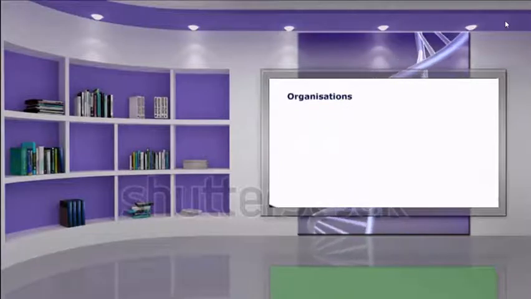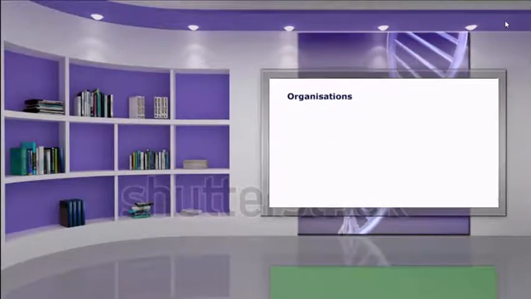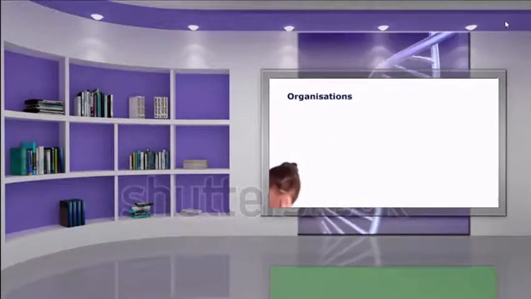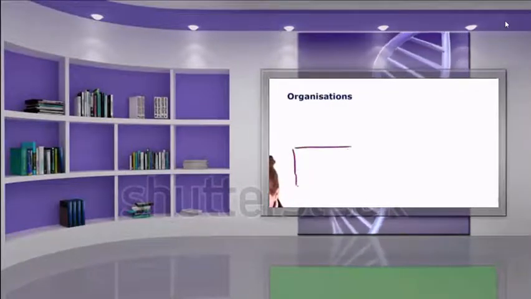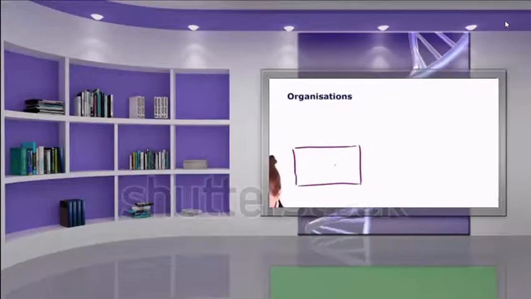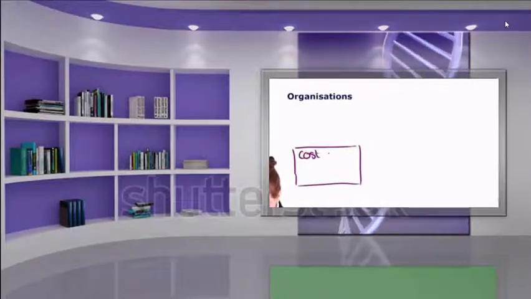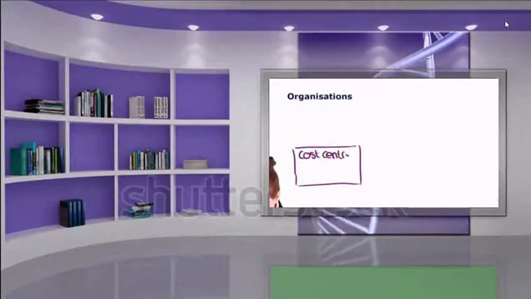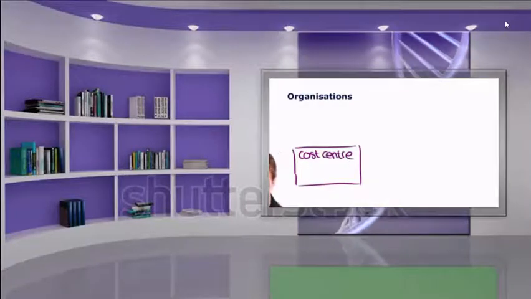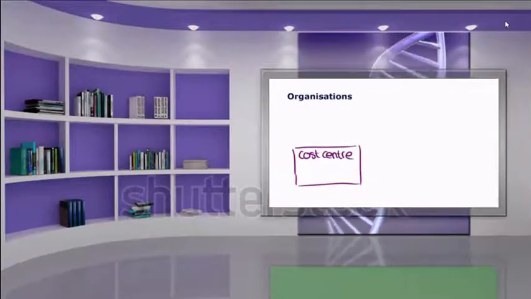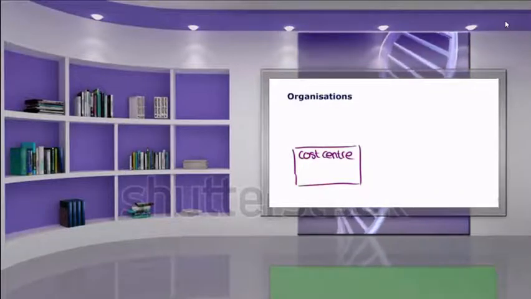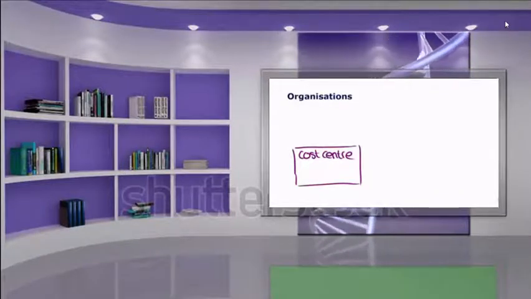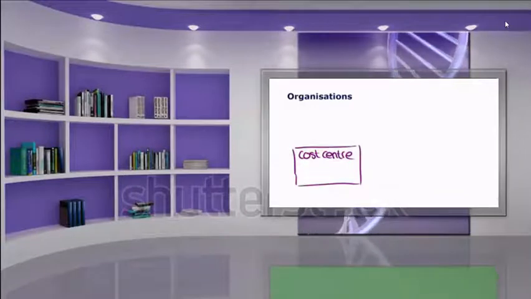So, within an organisation then, the first distinction we might make is to split the organisation up into a number of different cost centres. Now, a cost centre is a department, function, or any part of the organisation for which costs can be ascertained.